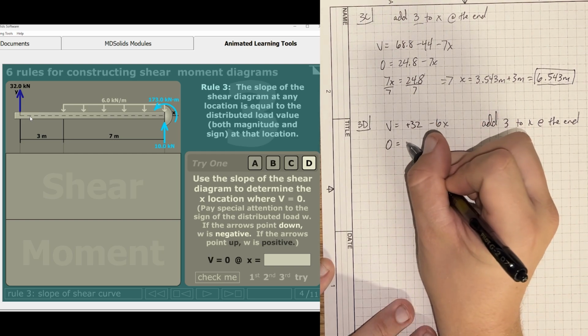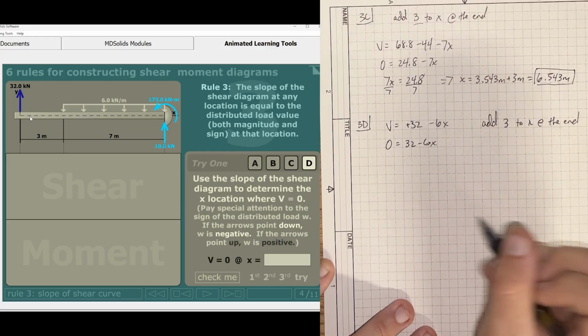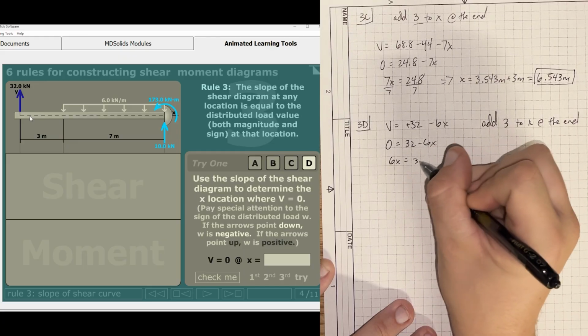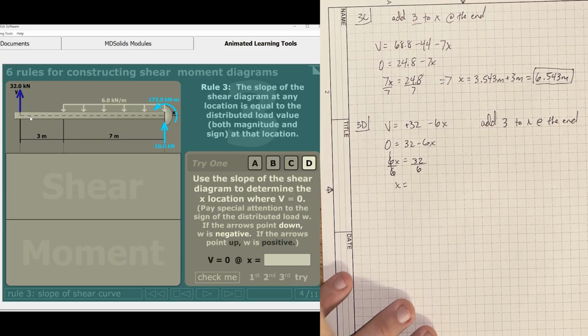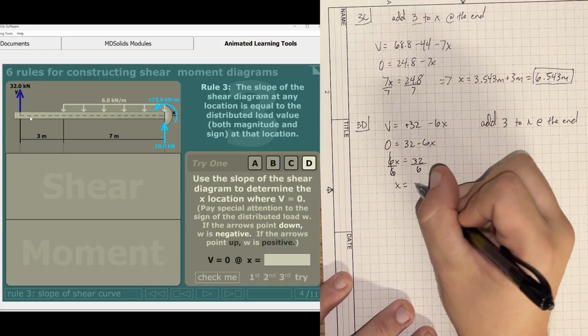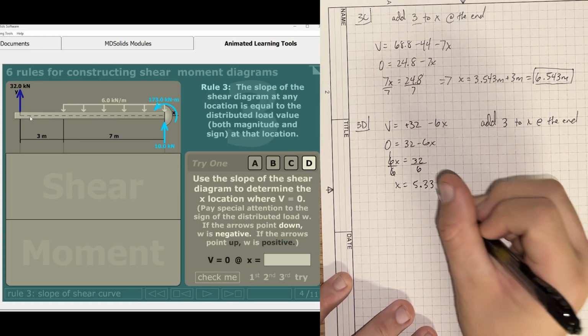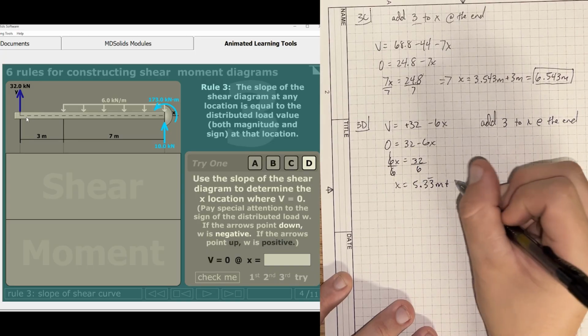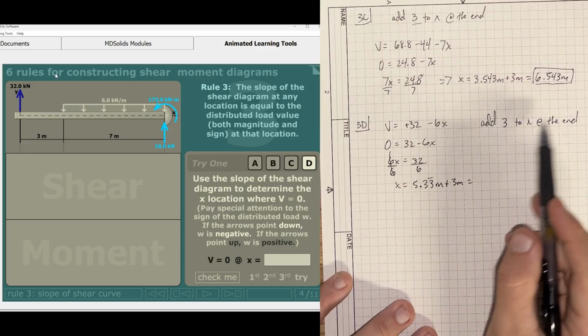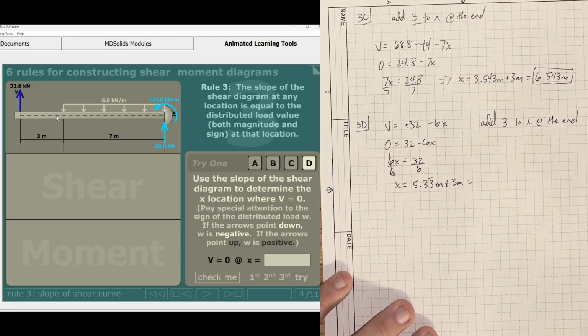We've got 32 minus 6x. We can now solve: 6x equals 32, divide by 6, divide by 6. x equals 32 divided by 6, which gives us 5.33 repeating meters. Plus we want to add on that 3 meters, because the reason we're adding 3 meters, guys, is that this uniformly distributed load does not actually start until 3 meters in.